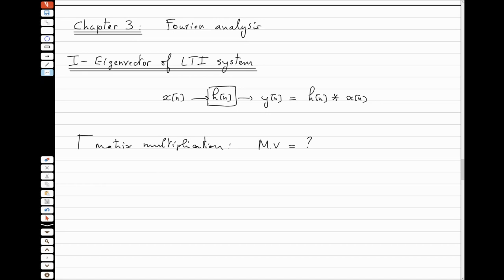Now, to simplify the analysis, people like to look for special vectors that are unchanged by M up to scaling.